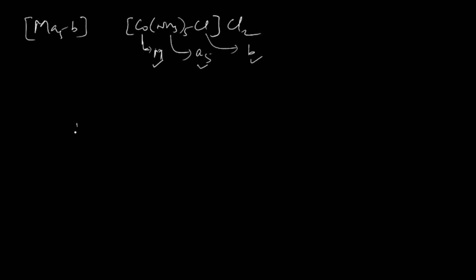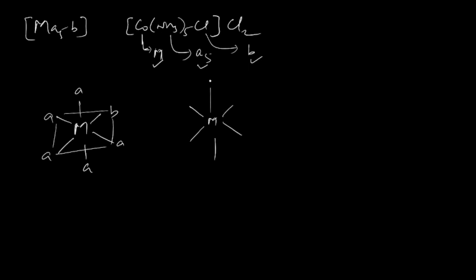So now we will just draw it and see how many geometrical and how many optical isomers are there. So this is A, A, A, B, A. Correct? This way we can form it. One more we can form it. Let's see. Just we'll put B here, then A, A, A, right? Remaining, if you are drawing, it will be a similar kind of thing. Suppose this will be A, and you are putting B down.